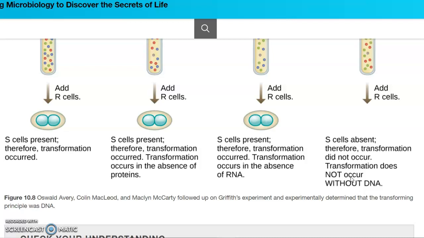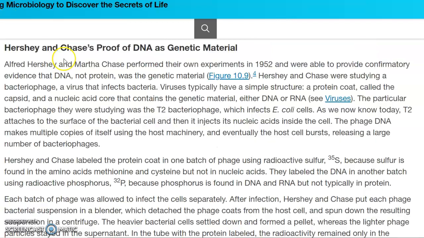People didn't really accept it because they thought that DNA was too simple to be the hereditary material. So Griffith demonstrated that something was transforming these non-pathogenic bacteria into pathogenic bacteria. And then Avery, McLeod, and McCarty followed up on that and figured out that it was the DNA that had to be this transforming material.